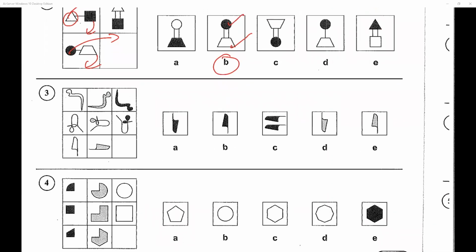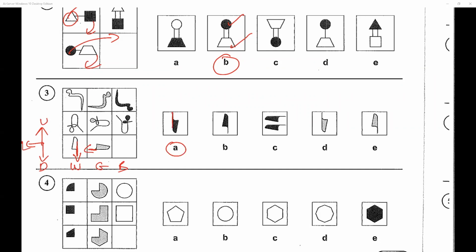Number 3, please. A. Fantastic. What's happening? Why is it A? Because the first shape is white, the second is grey, and the third one is black. And what else is happening? It's changing the direction. So if you think of it as the change, it's facing down, then it's facing left, and then it's facing up.